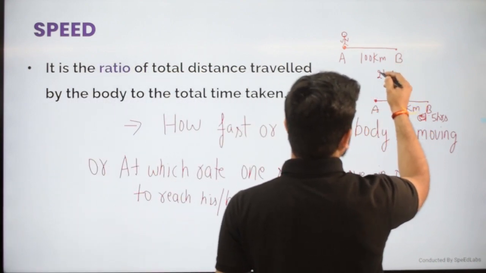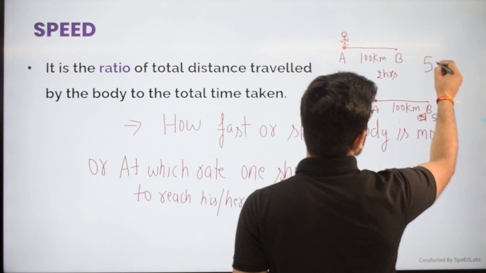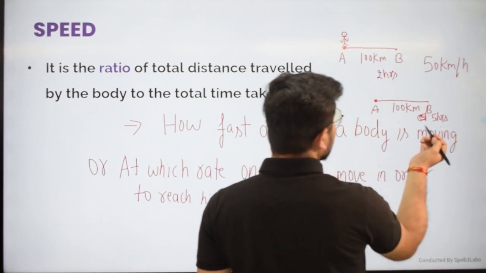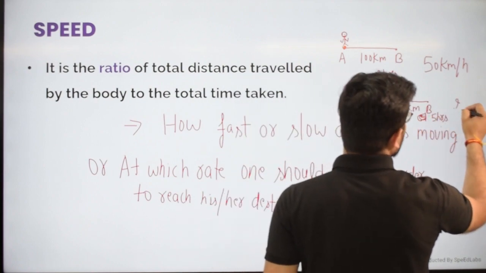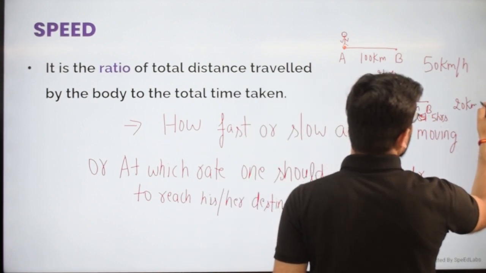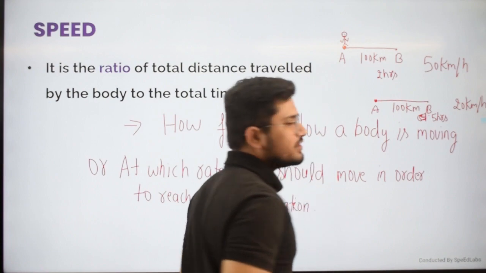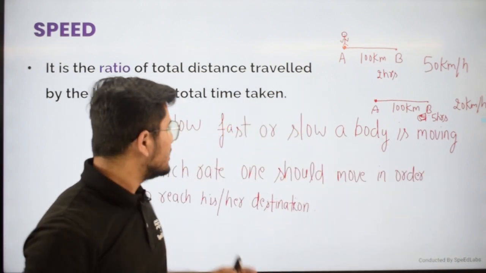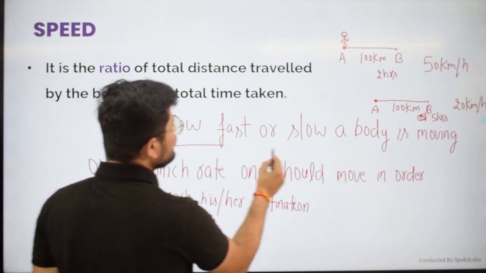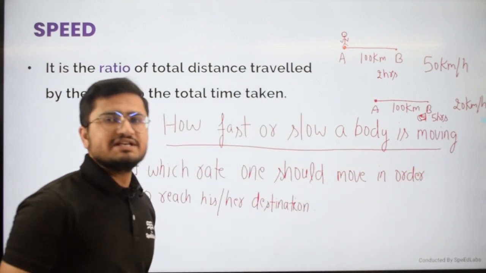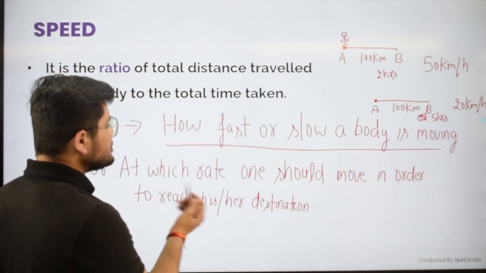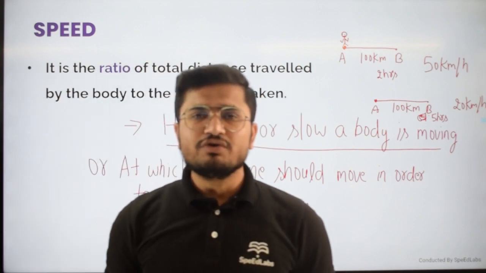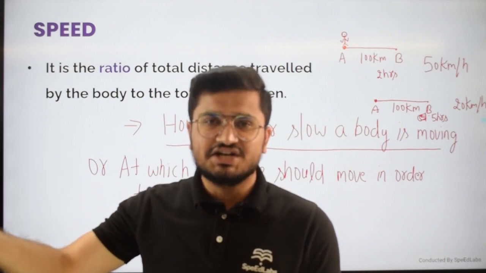So here 100 divided by 2 is 50 kilometer per hour, and here 100 divided by 5 is 20 kilometer per hour. So right now we can distinguish which one is moving faster. Look at the statement here: how fast or slow a body is moving, or at which rate one should move in order to reach his or her destination.